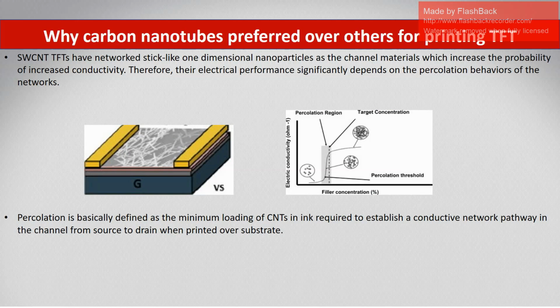Single-wall carbon nanotube thin film transistors have a network of stick-like one-dimensional nanoparticles as the channel material, which basically increases the probability of conductivity, and the electrical performance significantly depends on the percolation behavior of the network. The percolation threshold is basically defined as the minimum loading of CNTs in the ink to establish a conductive network path in the channel from the source to drain when printed over the substrate.